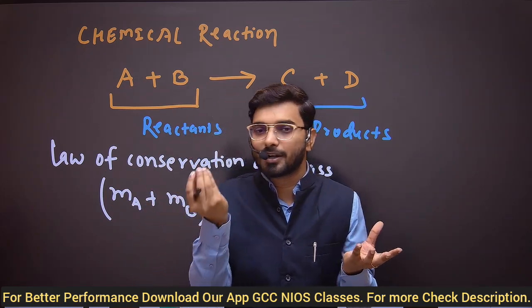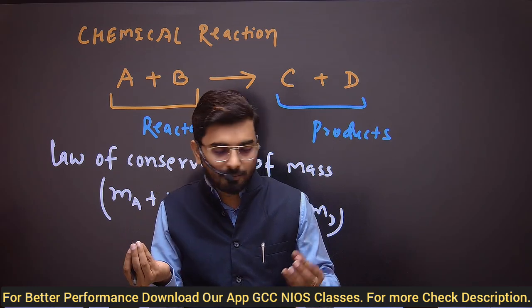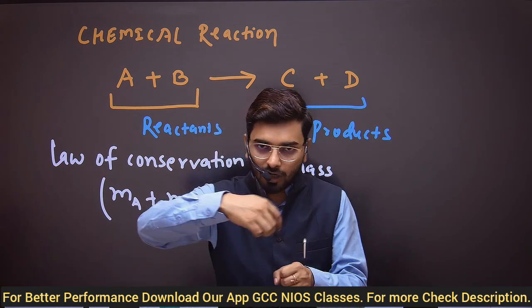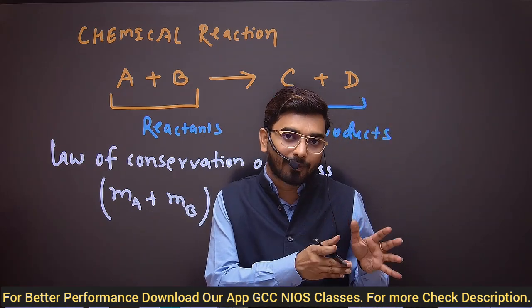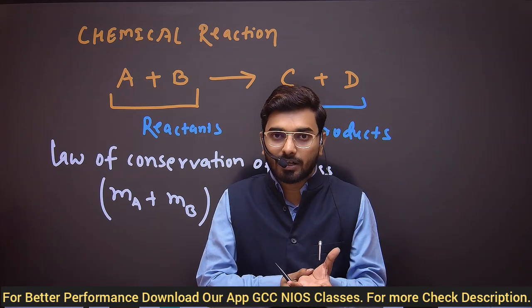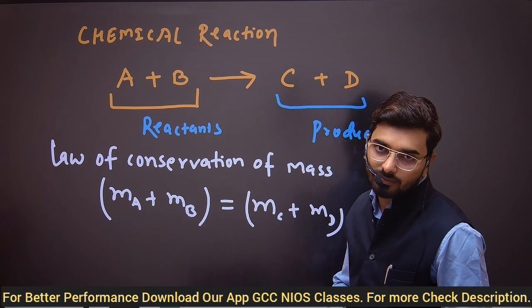So 100 gram of water and 10 gram of sugar: 100 gram plus 10 gram should be 110 gram. After dissolving 10 gram of sugar, the final solution will be 110 gram. If we have 110 gram, then that is good, and it follows the law of conservation of mass, right?